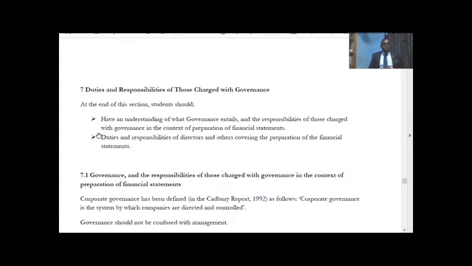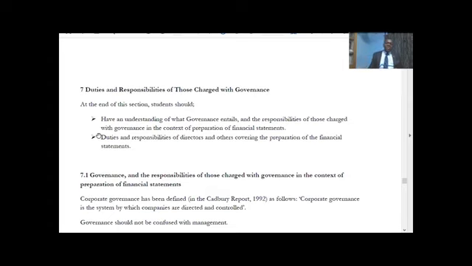Okay, so what is corporate governance? Corporate governance has been defined in the Cadbury report of 1992 as the system by which companies are directed and controlled. The Cadbury report is a very important report.